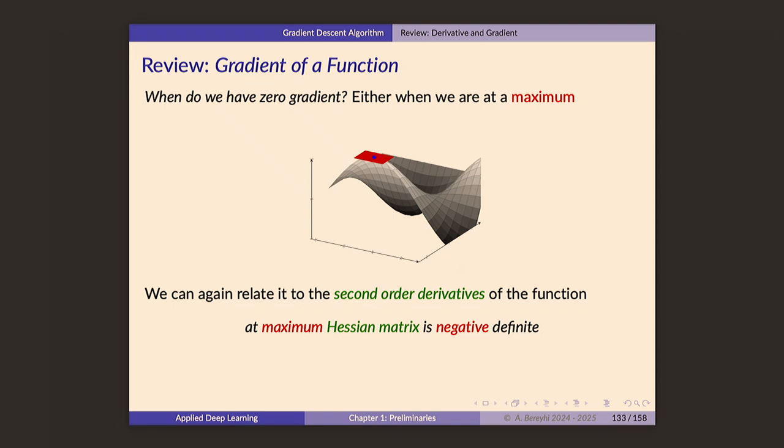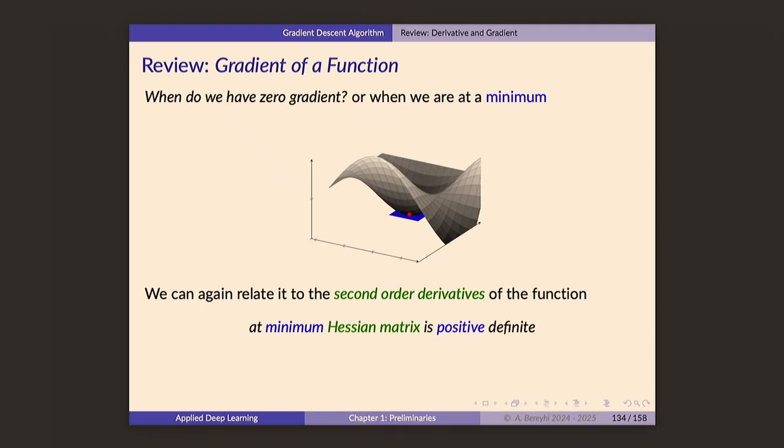So I told you for a simple one-dimensional function, if your second-order derivative is negative, then you have a maximum. Again, here is the same thing. If you could compute the Hessian matrix, and if it turns out to be negative definite at that point, then it simply means that you are at one maximum. But as I told you, it's too much computation. We cannot usually do it. Gradient is expensive enough for us in practice. Okay? So this is one point.